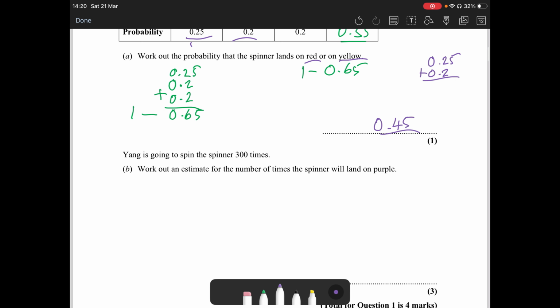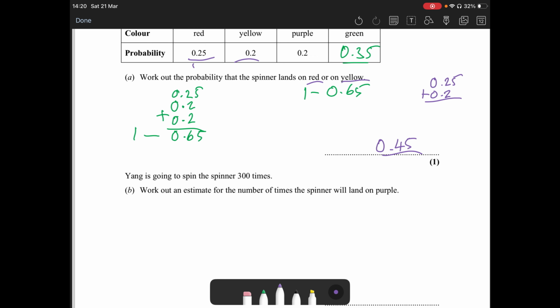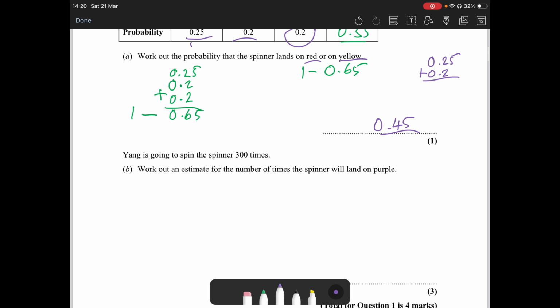Fair enough. Yang is going to spin the spinner 300 times. What's the probability it lands on purple? Probability of purple is 0.2. So the expected number of times that you get purple is your total number of trials, think of trials as how many times am I doing this spin, times your probability of purple.